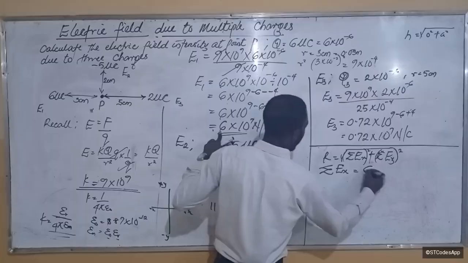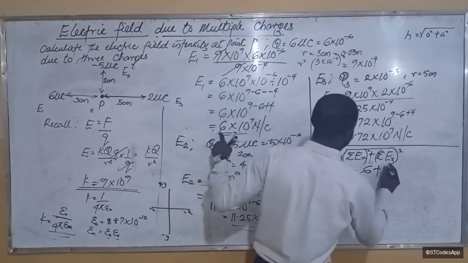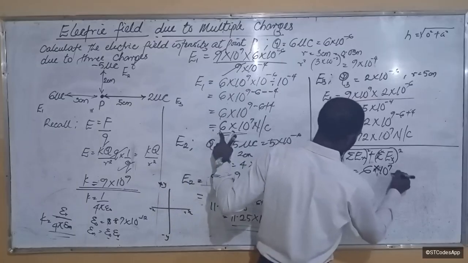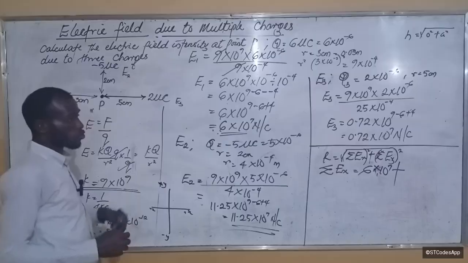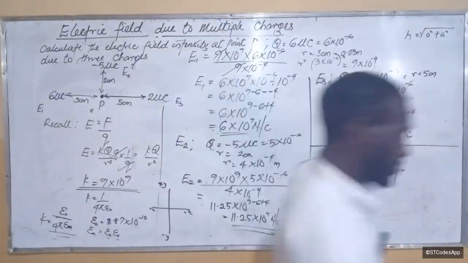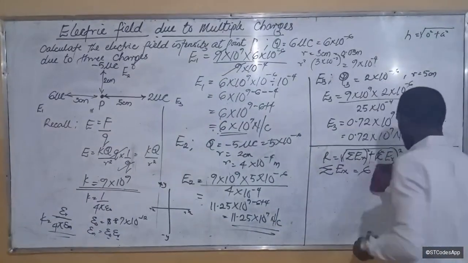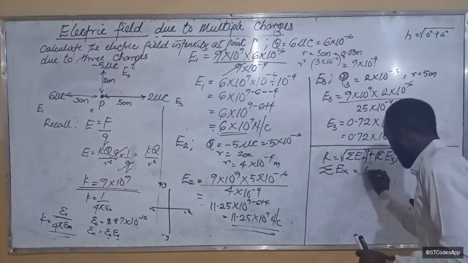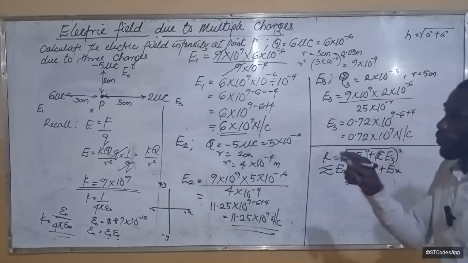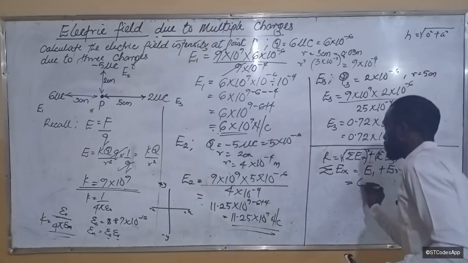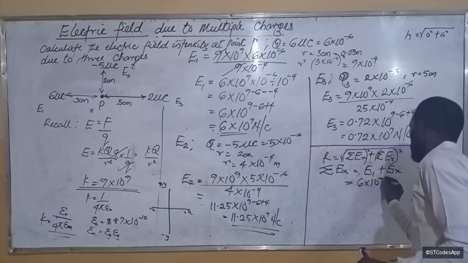So we say the sum of the ones on the x-axis will be 6 times 10 to the power 7 plus, let's check the other guy. Oh, that's what I was supposed to write first. I'm sorry. The ones on the x-axis are E1 and E3. But now we know E1 is in the positive direction, which is 6 times 10 to the power 7.